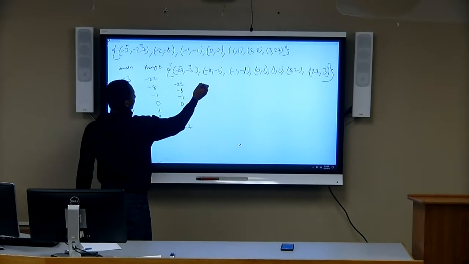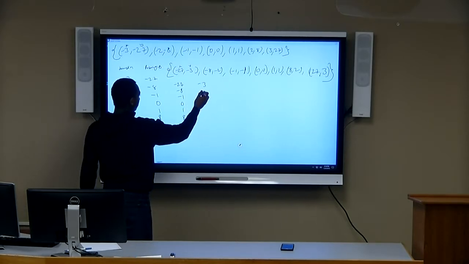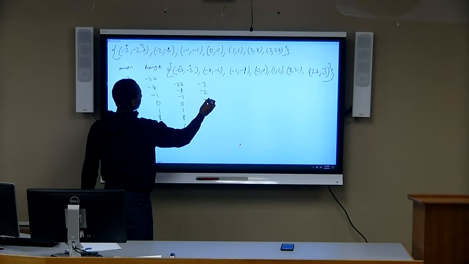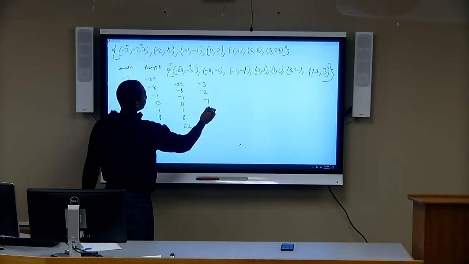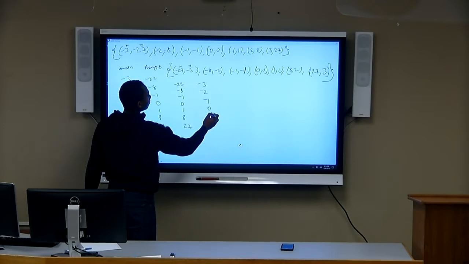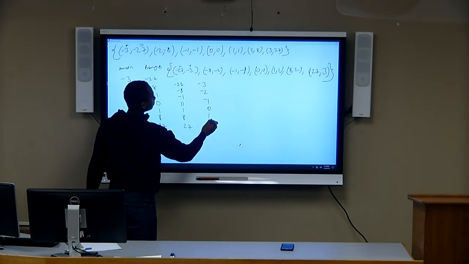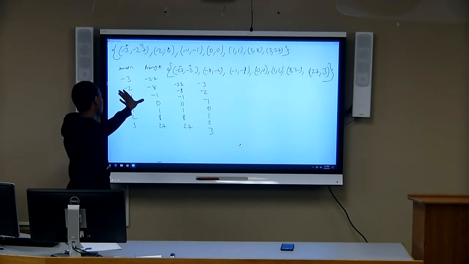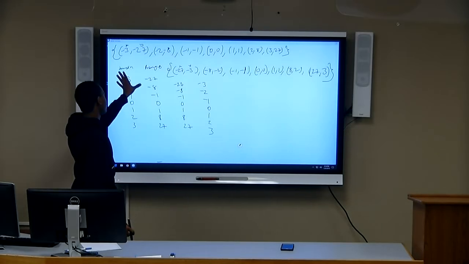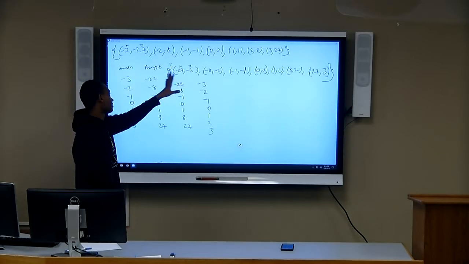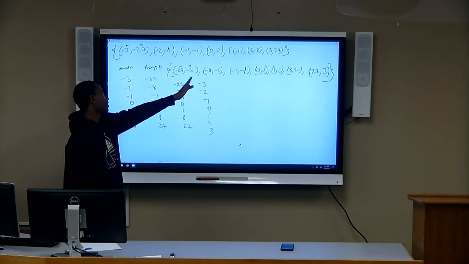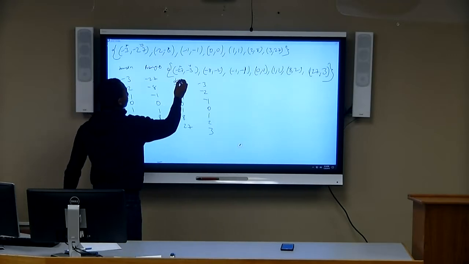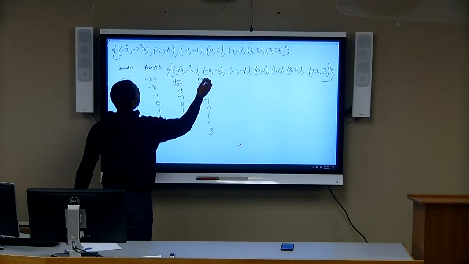The range I'm writing here: -3, -2, -1, 0, 1, 2, and 3. This is the inverse of the ordered pairs. This one is the domain. This one is the range.